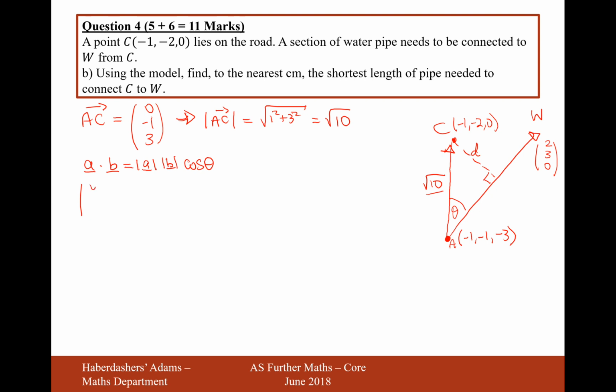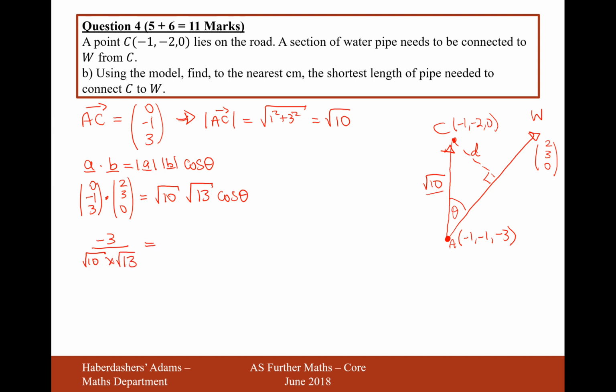So it's going to be (0, -1, 3) dotted with (2, 3, 0). And that's going to equal the modulus of the first vector, which is root 10, times the modulus of the second vector, which is root 13, times cos theta. Now if we do the dot product here, we're going to get -3 over root 10 times root 13.